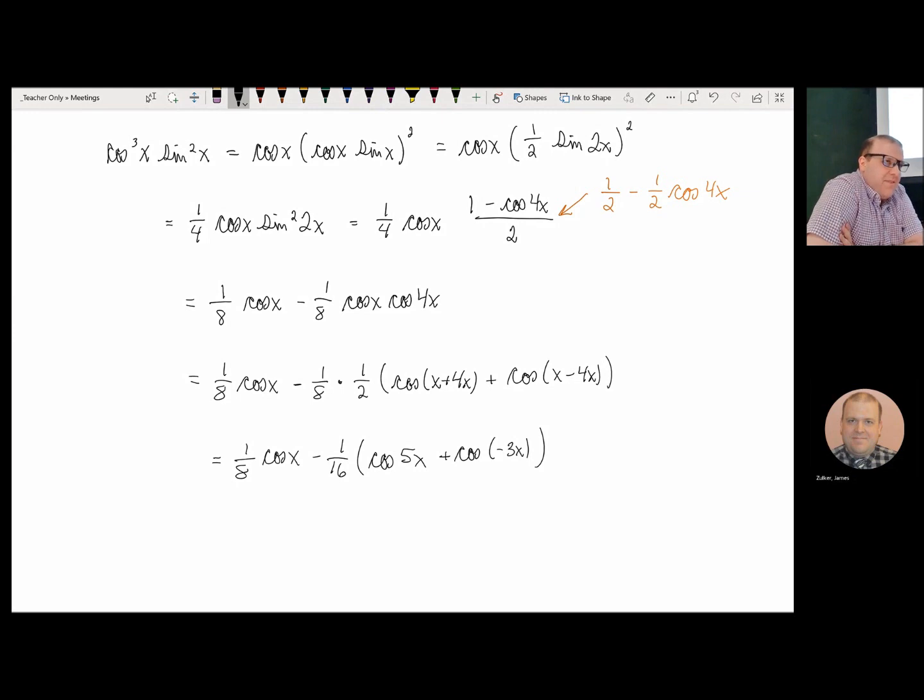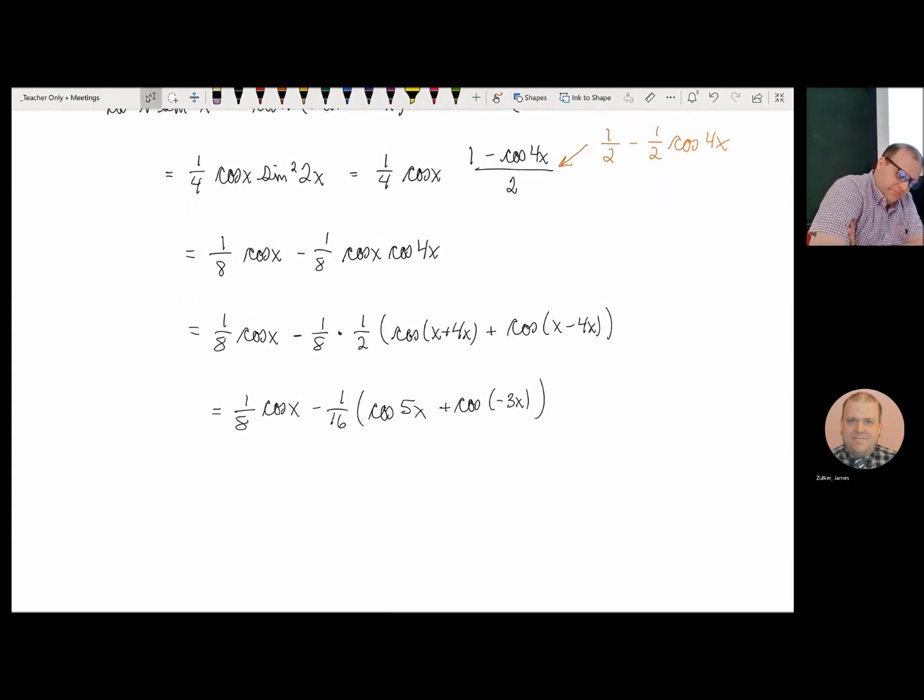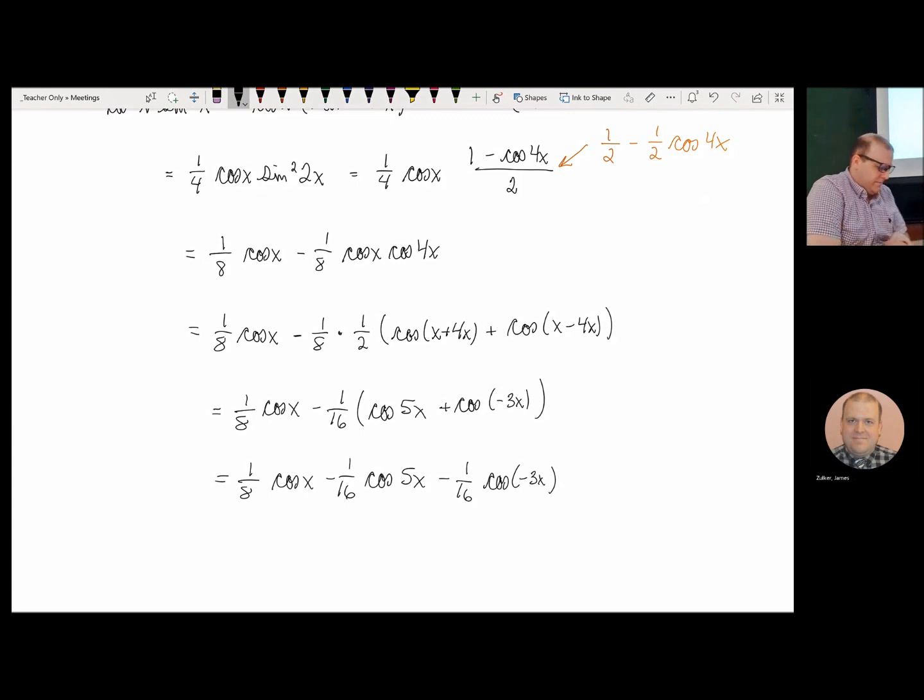An eighth times a half is a 16th. In parentheses, we're left with cosine of 5x plus cosine of negative 3x. Distribute the negative 1/16 through.